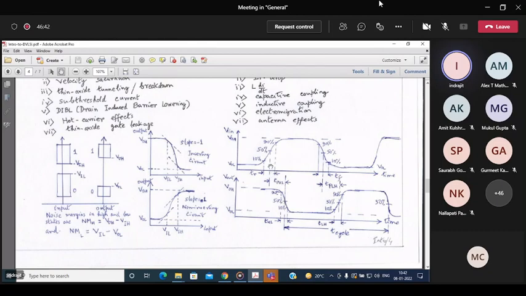So the time taken by the circuit to reach the 50% point in the output, starting from the 50% point in the input side, this difference between this 50% and this 50% is TPHL, the propagation delay from high to low.